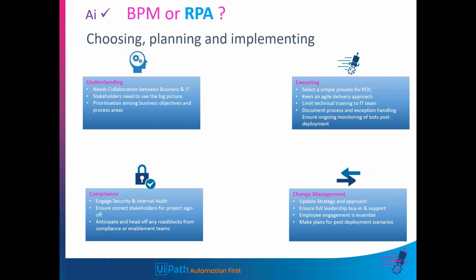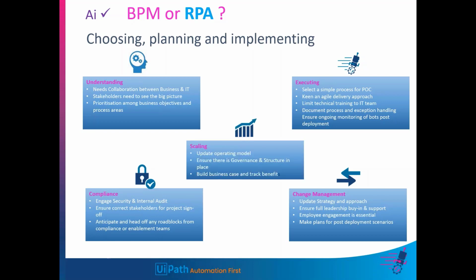We need to consider compliance really early on and engage with our security and internal audit teams so that we can anticipate and head off roadblocks. And we need to think about scaling, because automation is available for any back or front office process, and we shouldn't simply be thinking in terms of automating just AP.